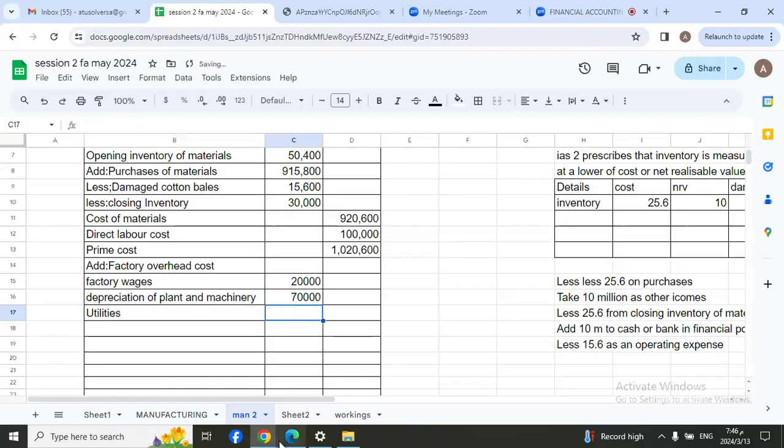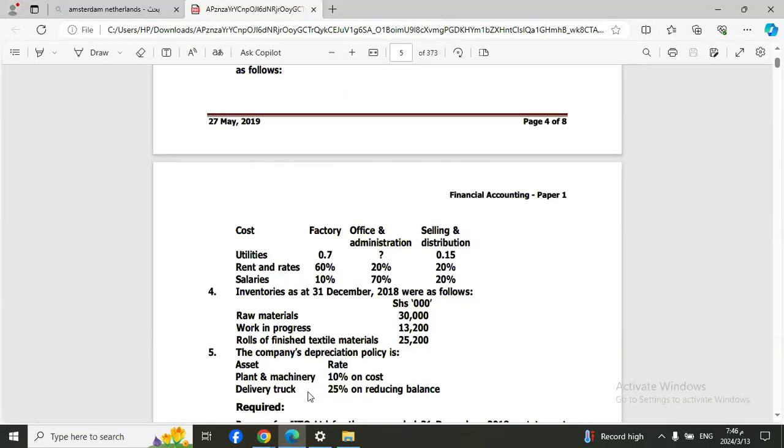They are telling me that the factory takes 70% of utilities. The other one takes 0.15. This one is not given. So since they are in points, you just add them. When we reach office and distribution, you get 1 minus 0.7 minus 0.15 to get for office and distribution.